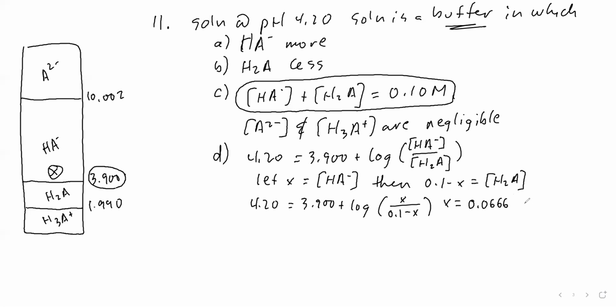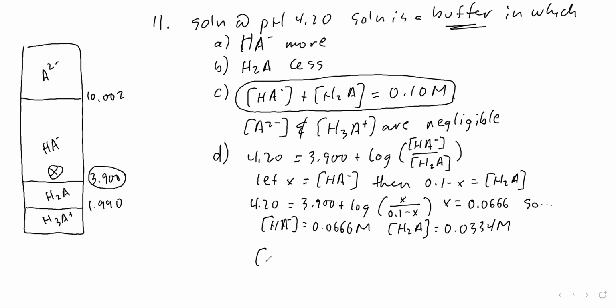All right. And so that means that our HA minus is 0.0666 molar and H2A is 0.0334 molar. Cool. So we've got two of the concentrations figured out. And we also can easily just take our pH and make it into H plus concentration.